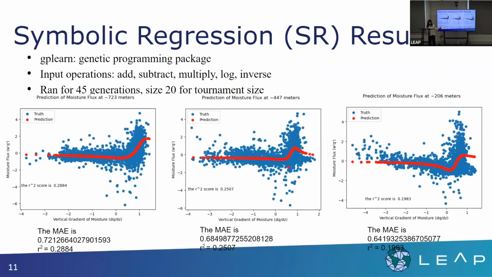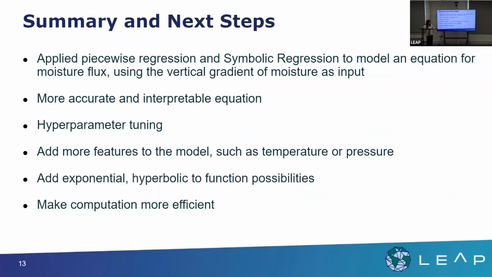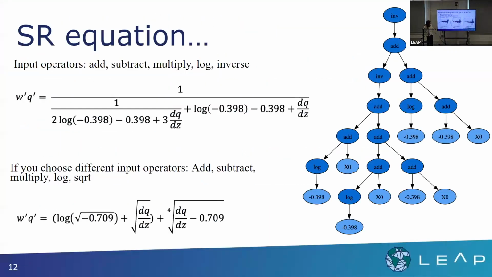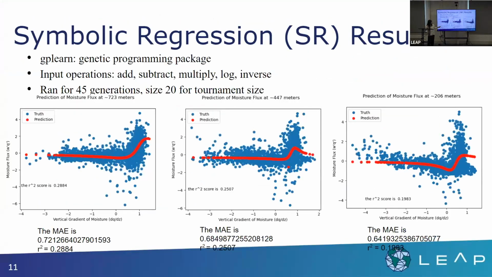Now the R-squared values are much lower, which is unfortunate, but I did find it interesting that it could at least pick up these weird little tails at the bottom here, where with piecewise all it did is just change the slope a little bit lower. And so for this, it also did better on the upmost level.